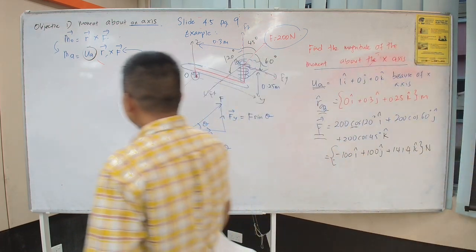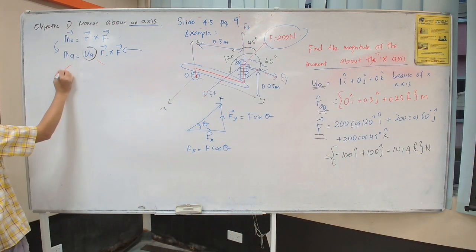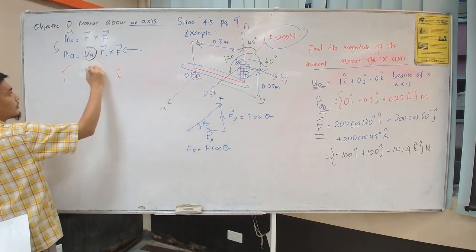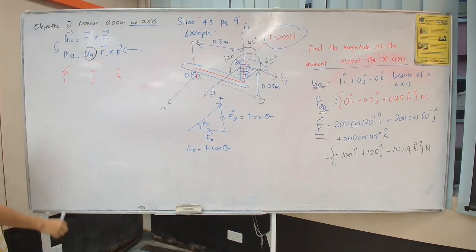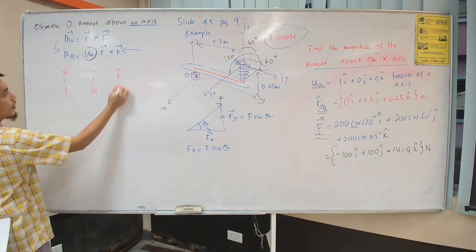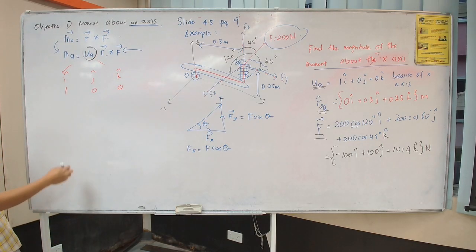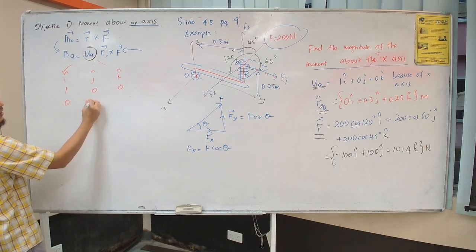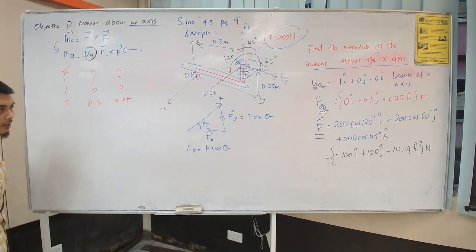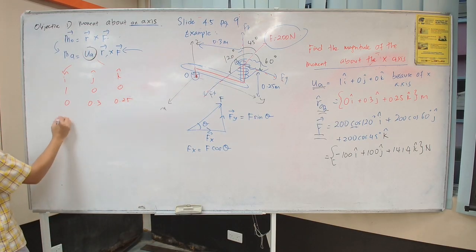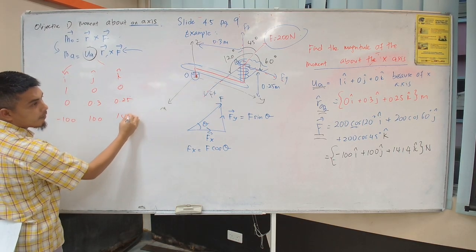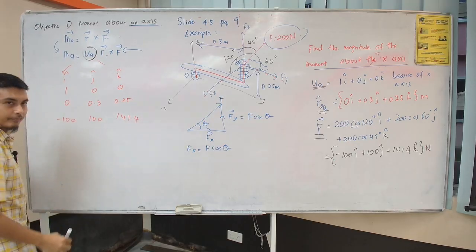So you just put all the information in this table, I, J, K. Your UA is 100. Your RA is 0, 0.3 and 0.25. Your F is negative 100, 100 and 141.4.